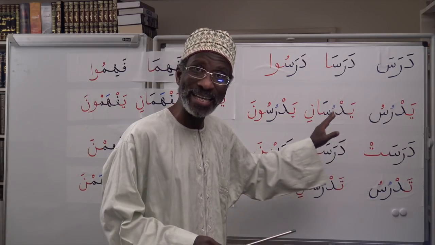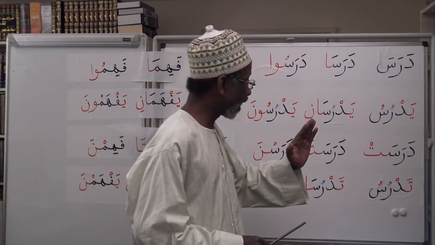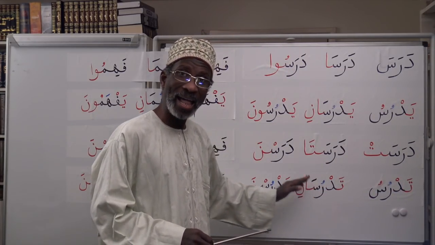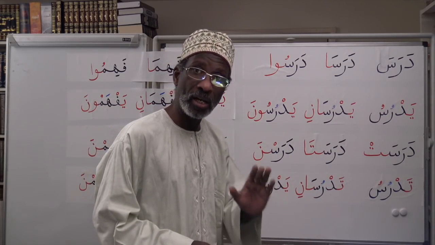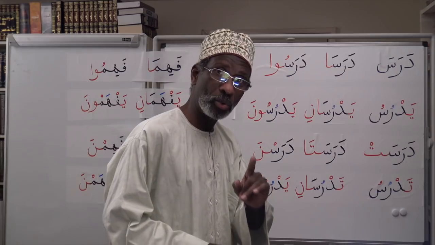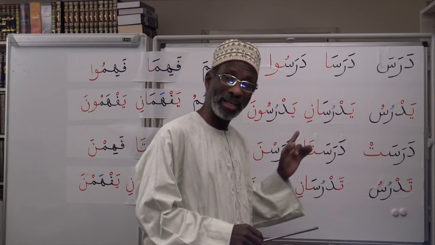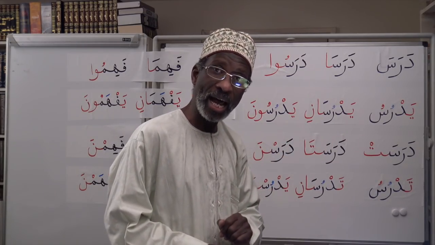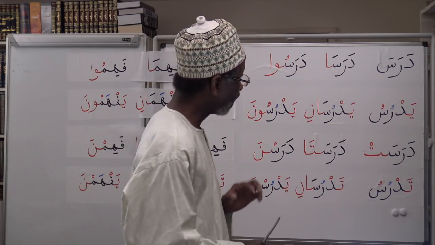So ya, ya, ya. In the feminine section, you start singular with ta, and the dual with ta, and the plural with ya. So ta, ta, ya. Learn that: the prefix for masculine in the present tense is ya, ya, ya. That's third person. And the feminine is ta, ta, ya. That's the first thing.